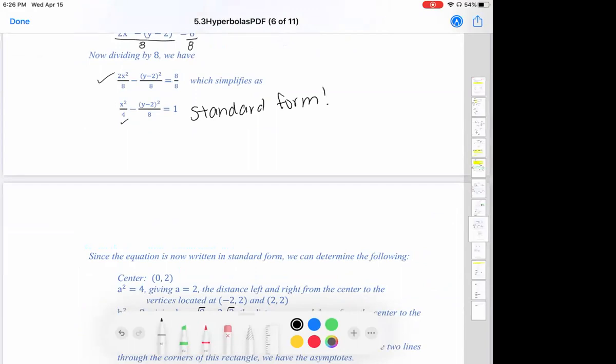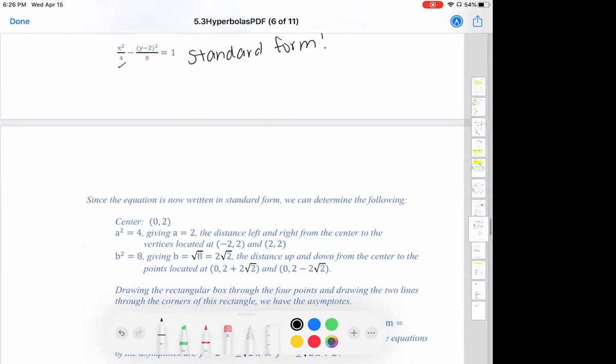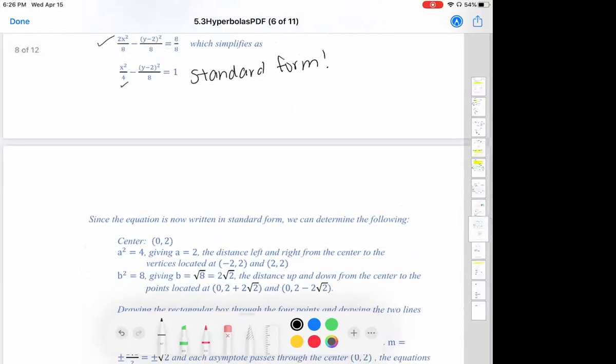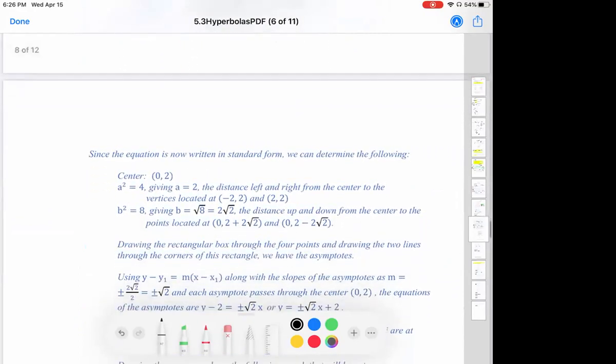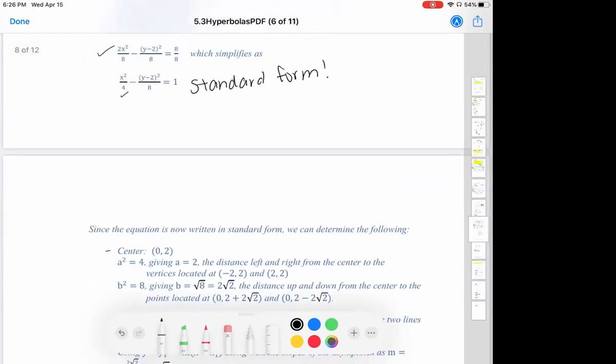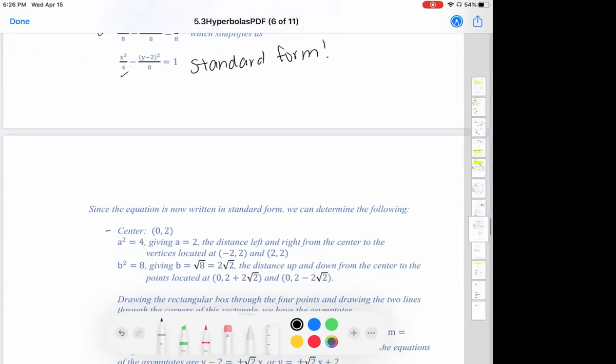Yay, that's so great. Now we can go ahead and find these pieces of information to graph our circle. I'm sorry, our hyperbola. So we have a center at h comma k, so 0 comma 2. We have an a squared of 4, which gives us 2. That's the distance from left to right.